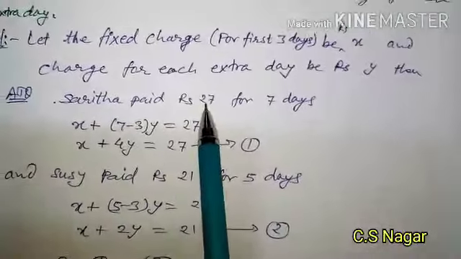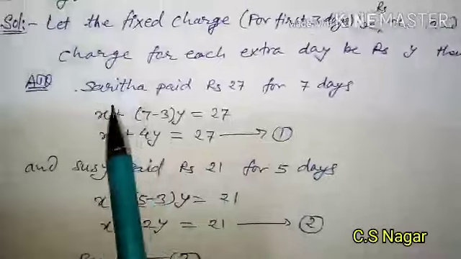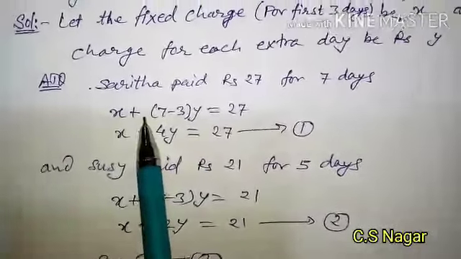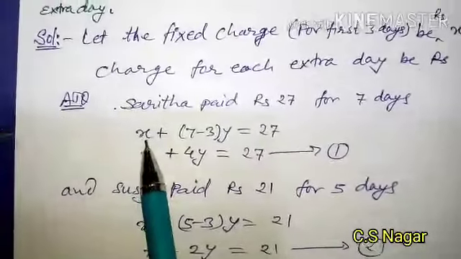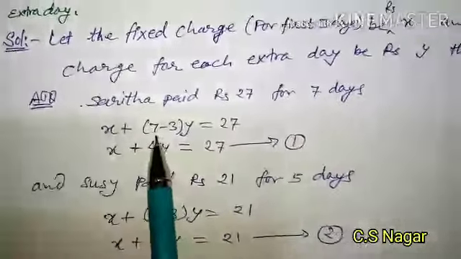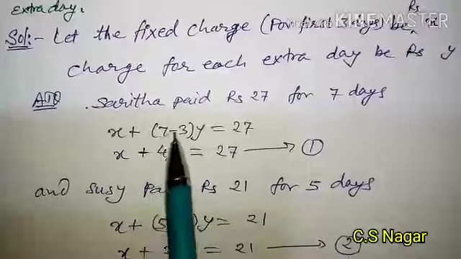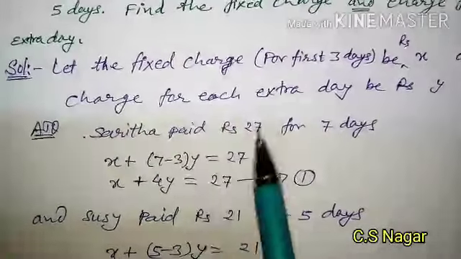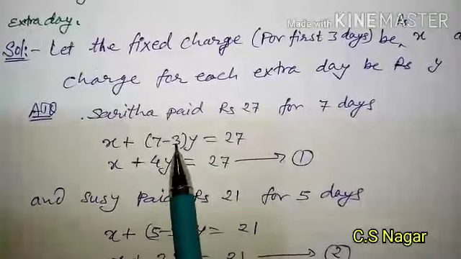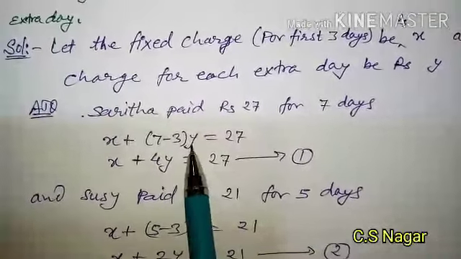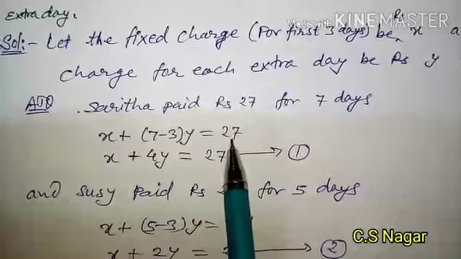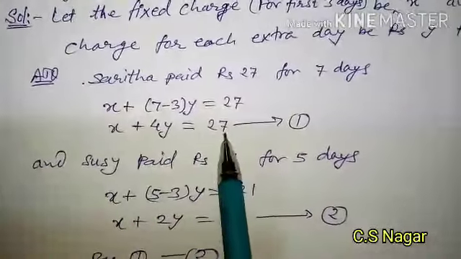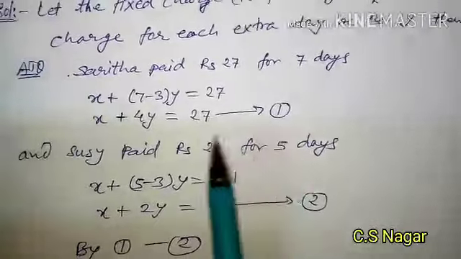So there is a fixed charge x for the first 3 days. The remaining days are 7 minus 3, which is 4 days, and the per day extra charge is rupees y. So 4 into y, and the total amount she paid is 27. So the equation is x plus 4y is 27, equation number 1.